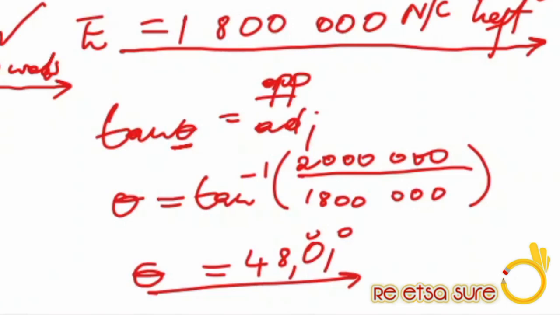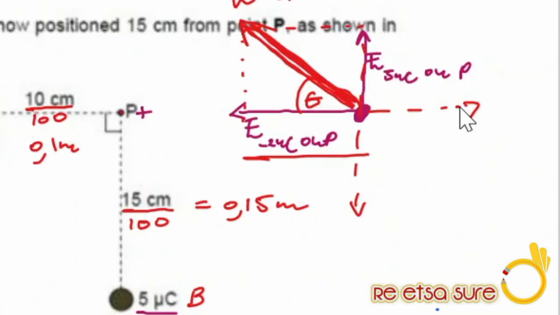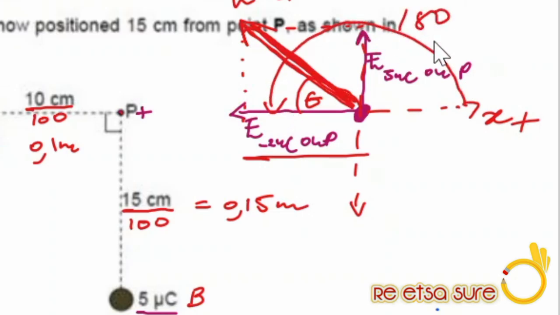when we measure an angle, let us measure our angle from the positive x-axis. One thing that I know is that from here is my positive x. From here to here, our angle is 180. I want the angle from the positive x-axis to the resultant, so obviously the angle from here to there will be 180 degrees minus 48.01.